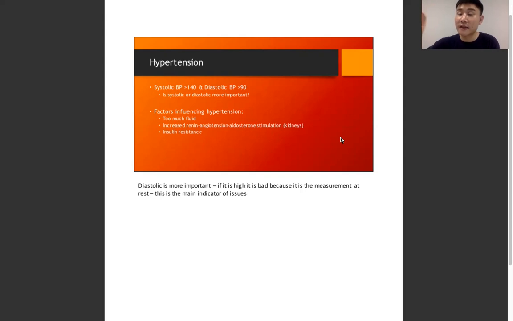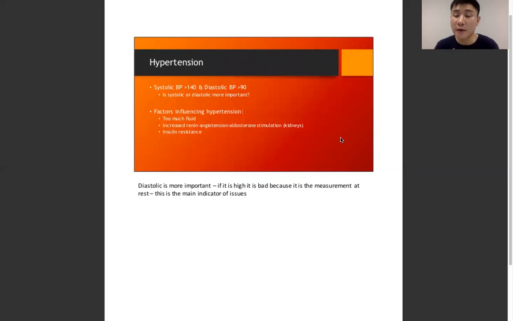The pressure of 10 liters of fluid is significantly higher than the pressure when you pour 1 liter of fluid down. That's why too much fluid in the body can increase the blood pressure and therefore reduce the perfusion of the body.